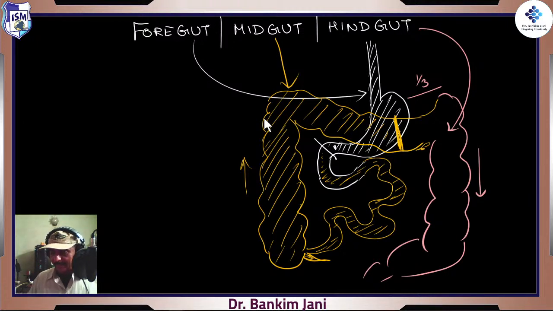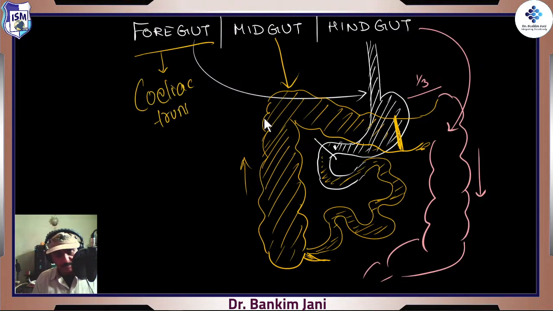So indirectly you have understood that the foregut, meaning the esophagus, stomach, and the first part of the duodenum, will have its blood supply from the celiac trunk or the celiac artery. We call them trunk because they are so big, like the pulmonary trunk. Then the midgut is supplied by the superior mesenteric artery, again a big artery.